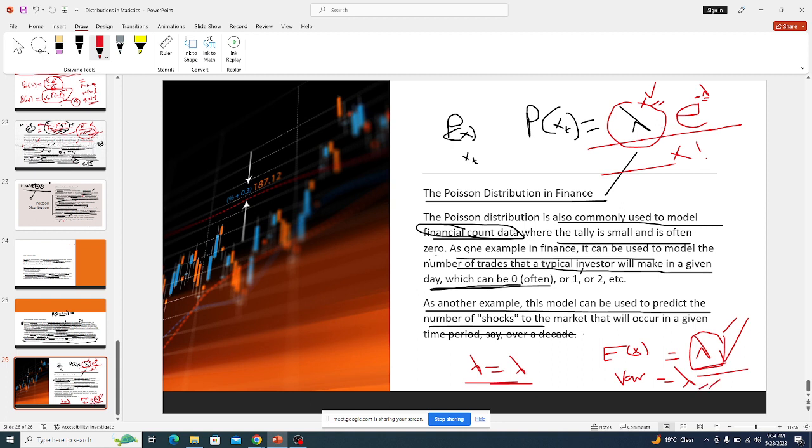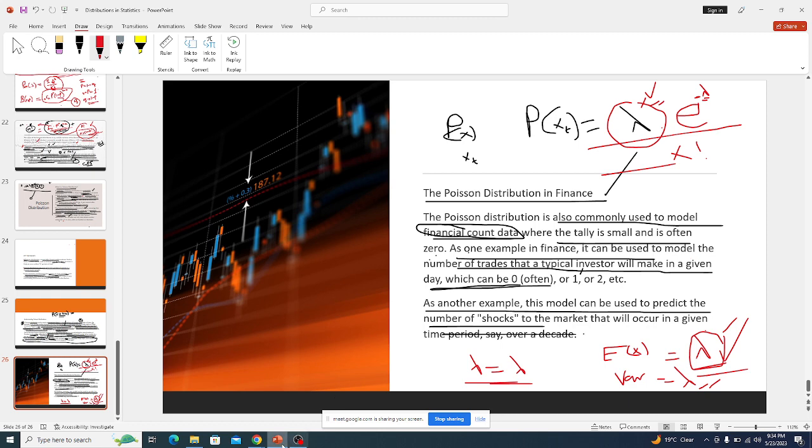You can go and confirm that, I might not be wrong, but this is what I learned. Poisson is the only distribution where the mean is equal to variance.